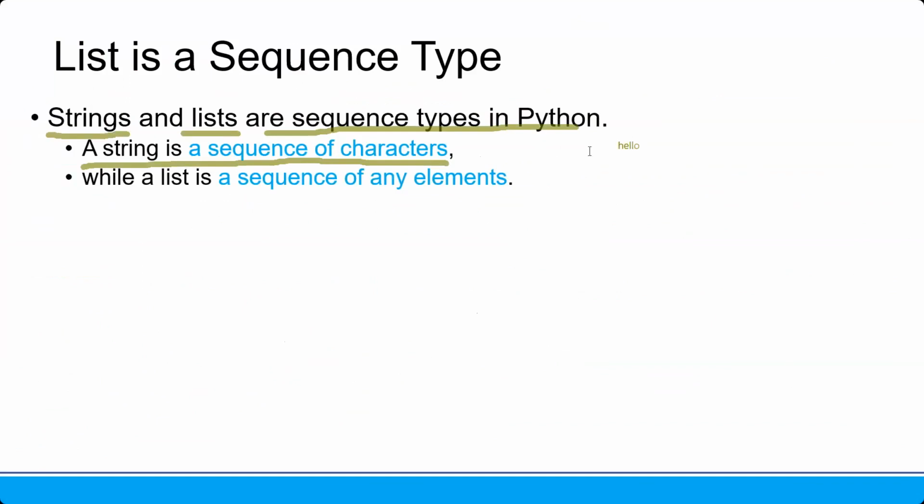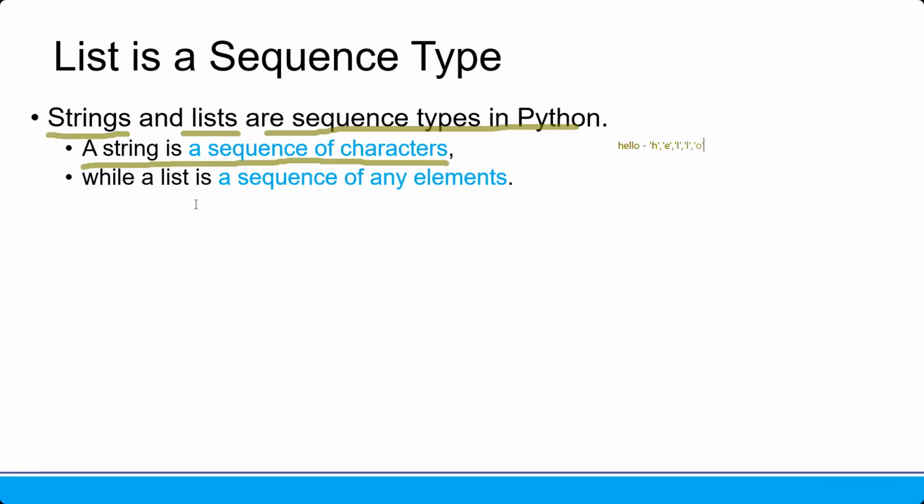HELLO. Okay. So it is a sequence of a character H, and then a character E, and then a character L, and then L, and then O. So it is a sequence of particular characters.